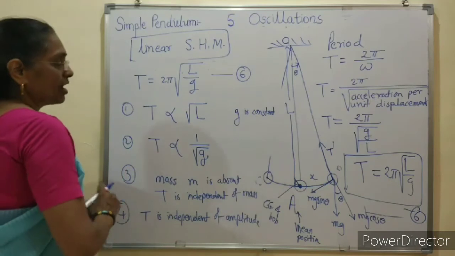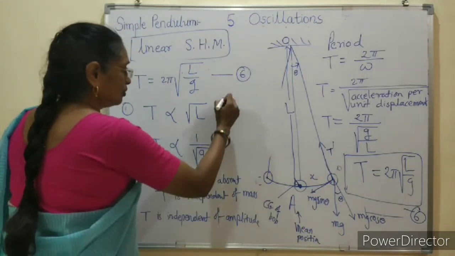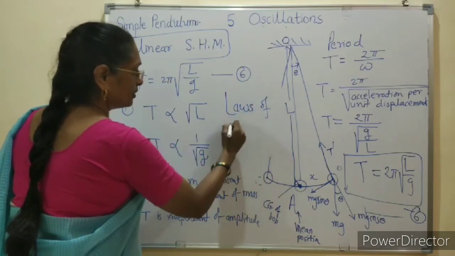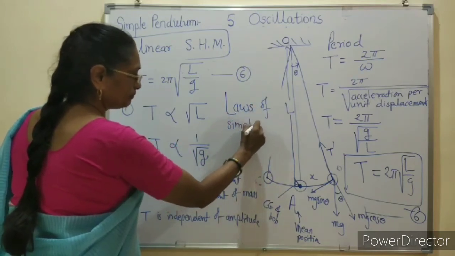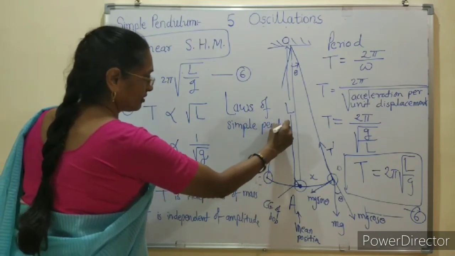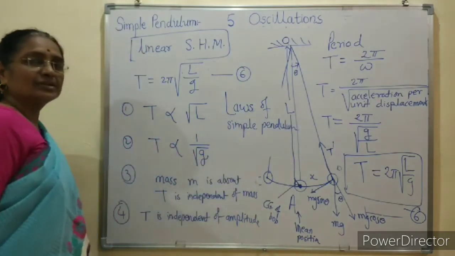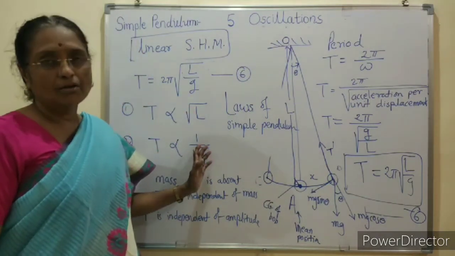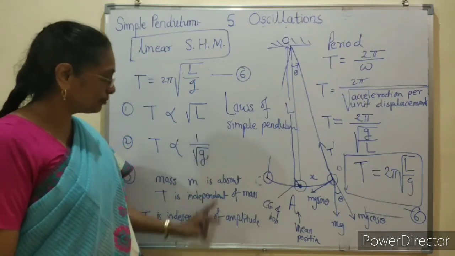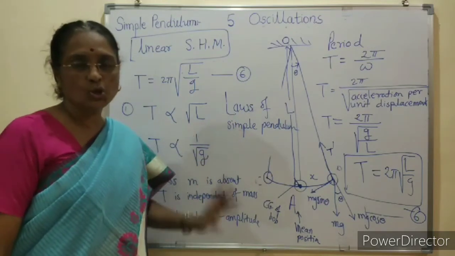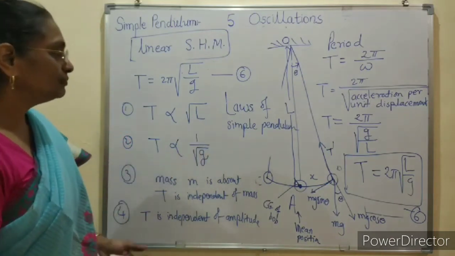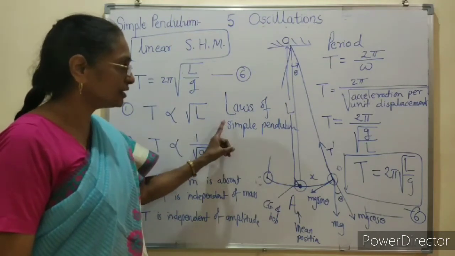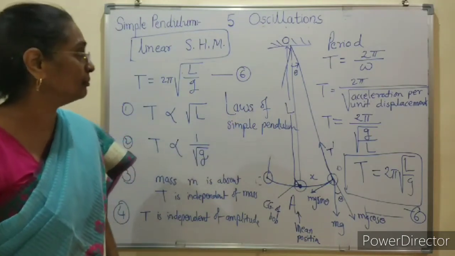These conclusions are called laws of simple pendulum. So here specially laws are not there, but conclusions can be taken as laws of simple pendulum. So this is about one simple point in this point is laws of simple pendulum.